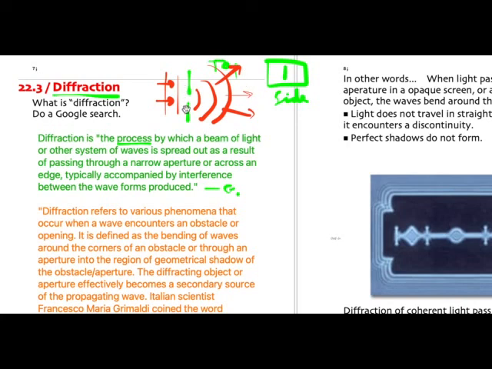If this slit is very narrow, then we would have cylindrical wave fronts by the symmetry. There's a kind of cylindrical symmetry.